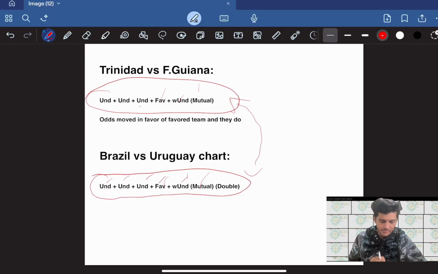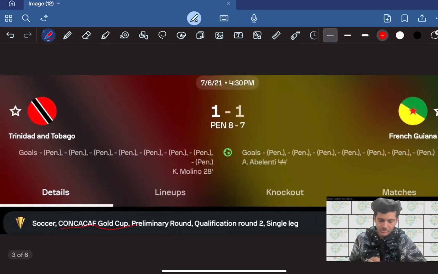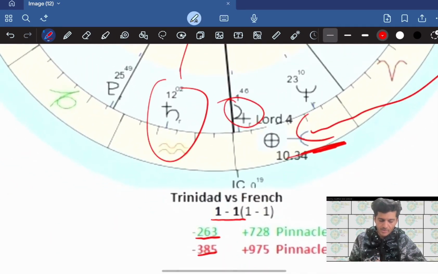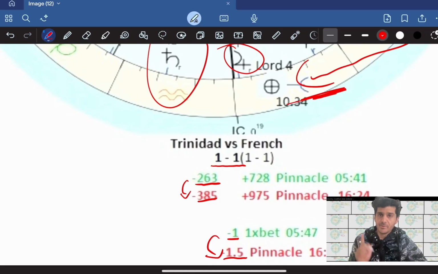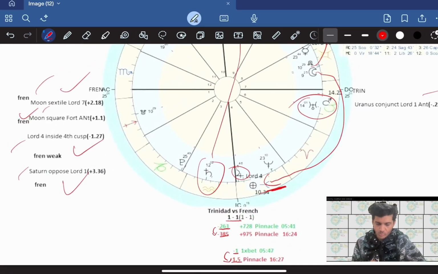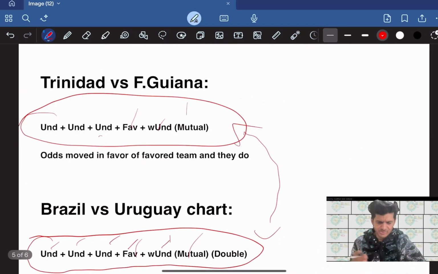But either way, these two were different. In the record chart, this one, remember the odds went up, and the favorite did not win, right? Trinidad's odds went up in their favor, but they did not win in regulation. It ended 1-1. It went into penalties or something. But we only care about regulation with this method.